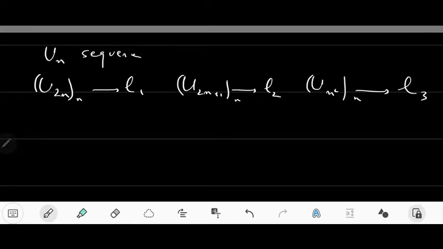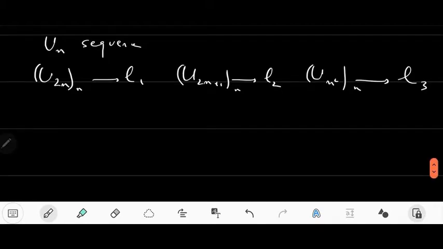Of course, if they are converging to different limits, then the sequence un will not be convergent. So we need to prove that they are converging to the same limit, and this limit is the limit of un, which will be converging. In fact, we said two things. First, if un is convergent, then any subsequence is also convergent to the same limit.